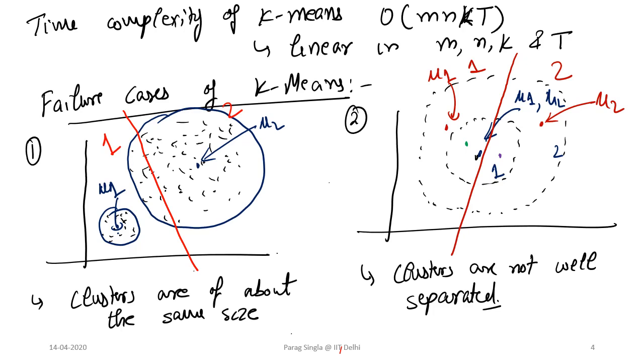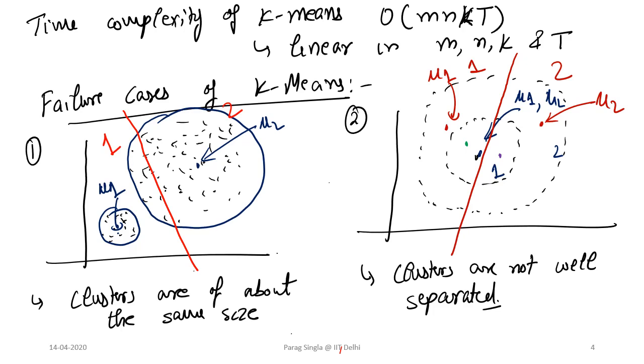There is a quadratic transformation which takes these points into a different space, where these points are linearly separable, and this is very similar to the idea of what we have done in support vector machines. But given this particular set of features, in the current space, these clusters are not linearly separable, and that's why K-means runs into trouble.